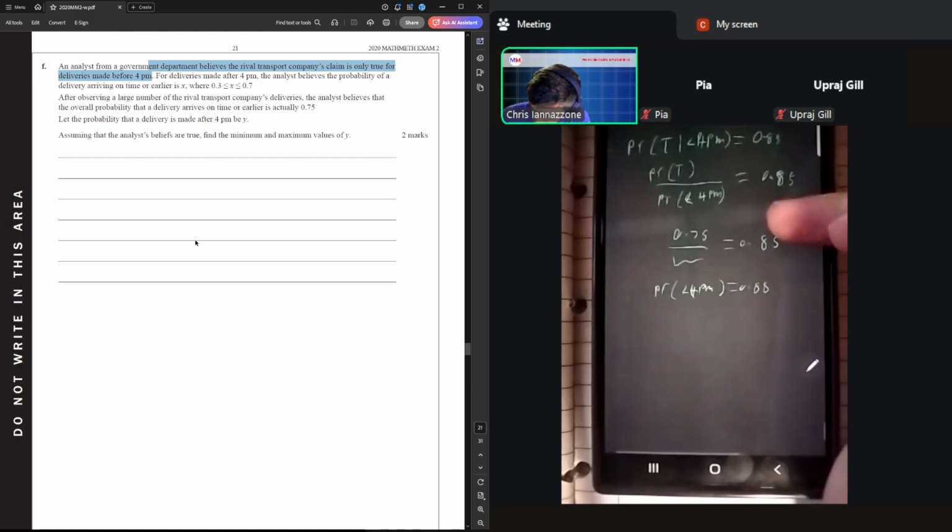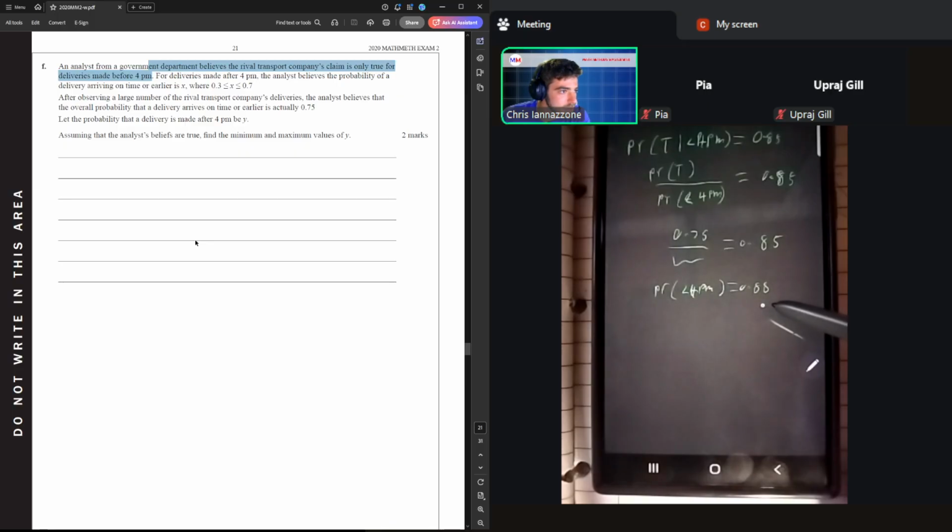Okay, well that's going to be a bit weird. Because if we just said that this is the probability of being earlier than 4 p.m., then probability of being after 4 p.m. should be 1 minus this, which would set a specific value for y, which we don't want.